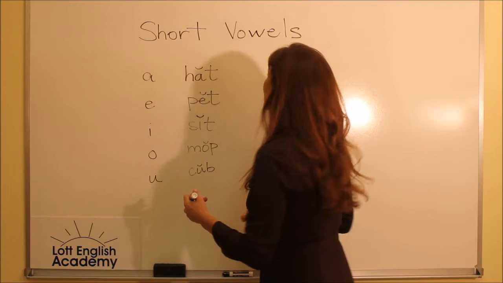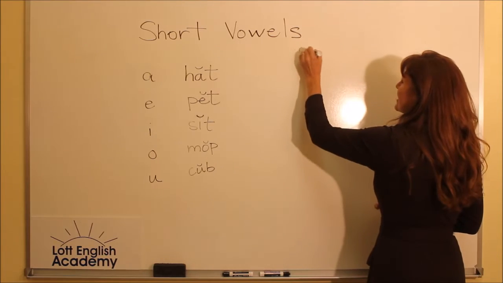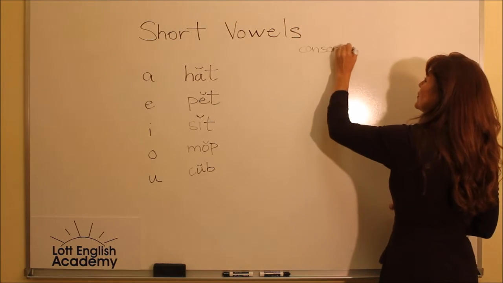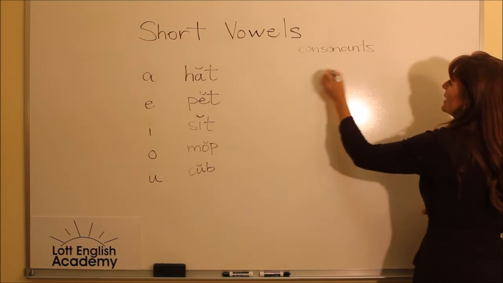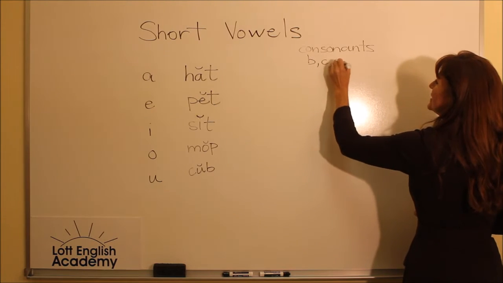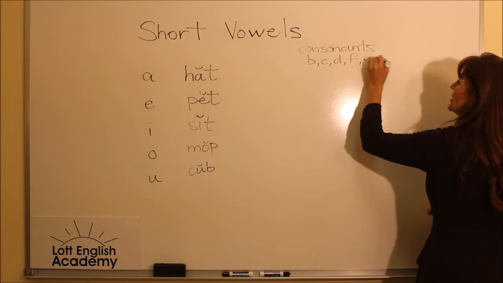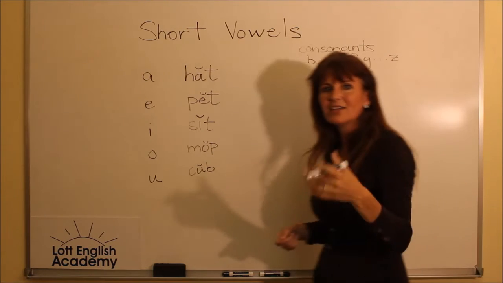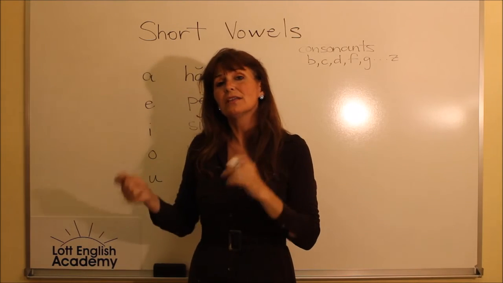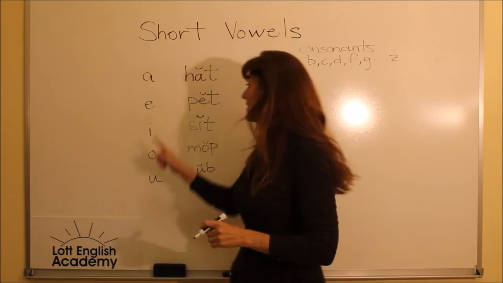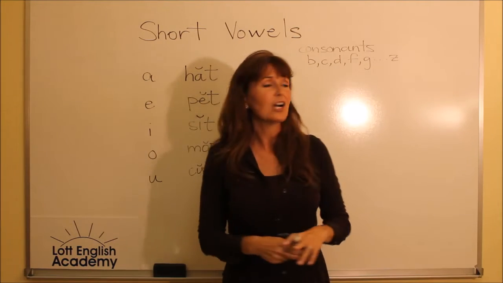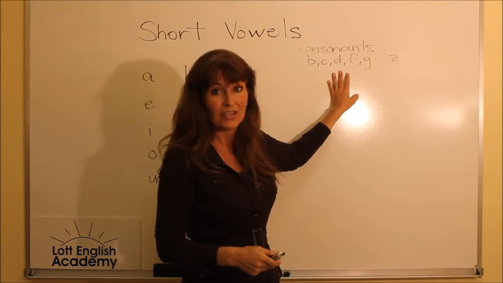Just as a reminder, a consonant is a letter that's not a vowel, okay? So consonants would be those letters like B, C, D, F, G, and so on, unto Z, okay? So the letters in the alphabet that are not the vowels are called consonants.